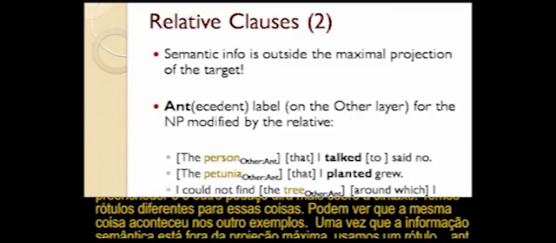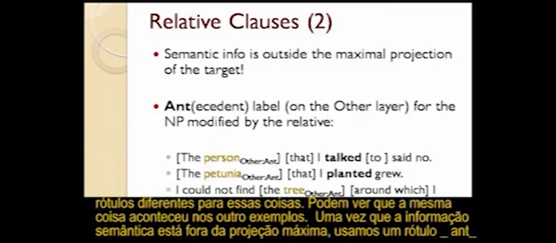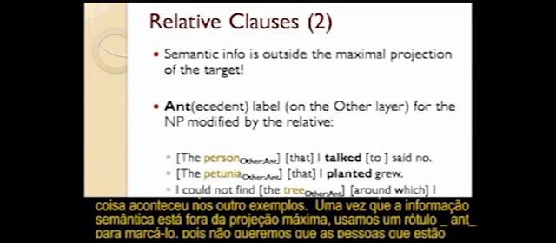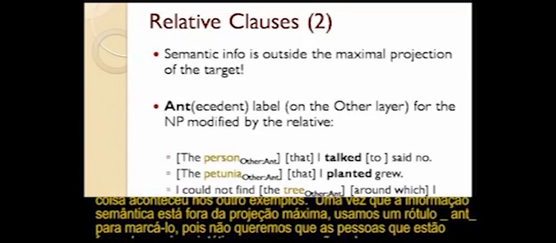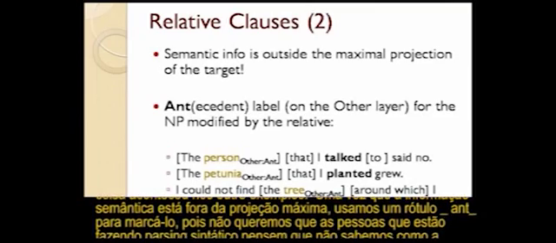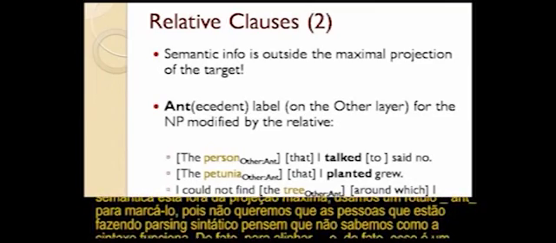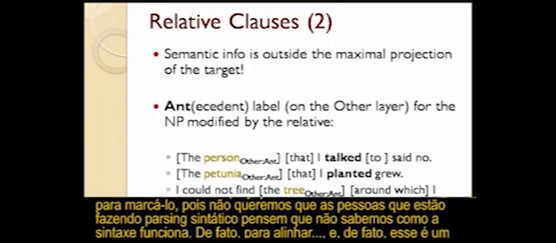Because the semantic info is outside the maximal projection, we use the label antecedent to mark it. We don't want people doing syntactic parsing to think that we don't know how syntax works.